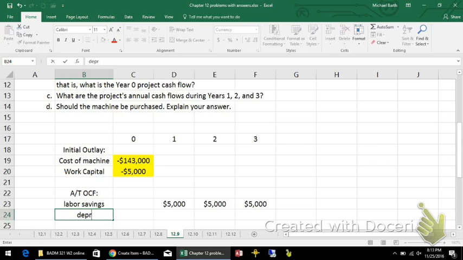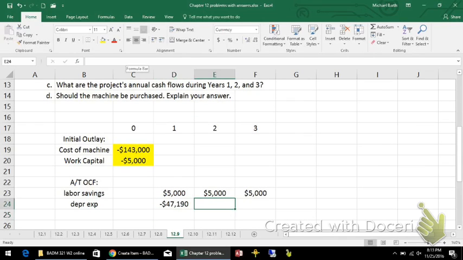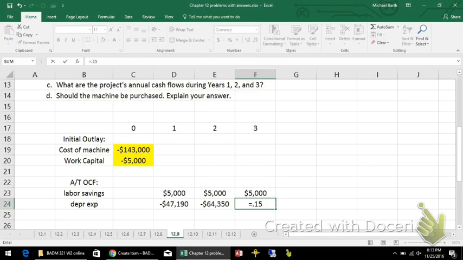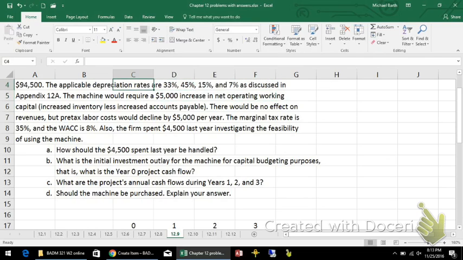The depreciation expense, that would be 33% of that amount in year one, 45% of the 143,000 in year two, and 15% in year three. All right, and I get those just because I remember 33, 45, 15, and 7 are the 3-year numbers. Okay.